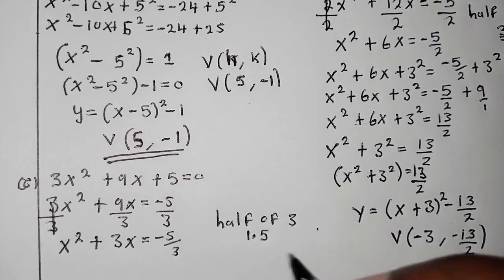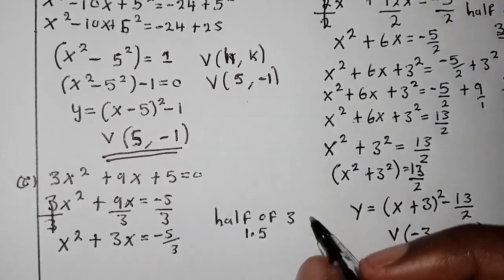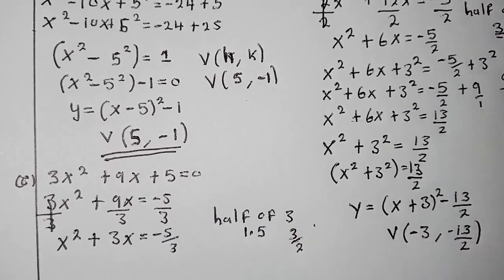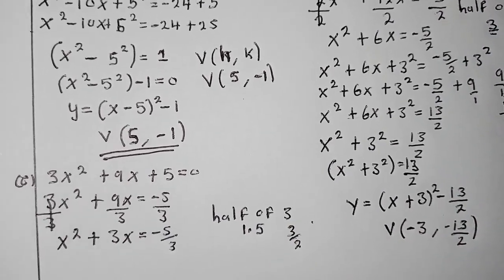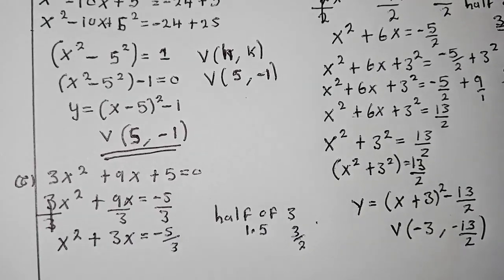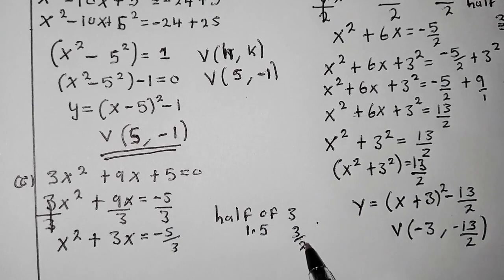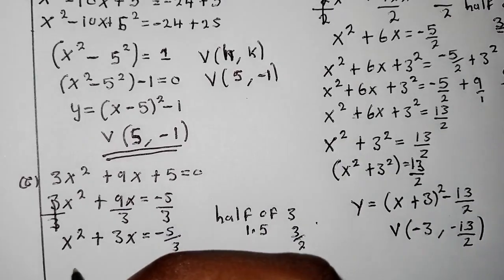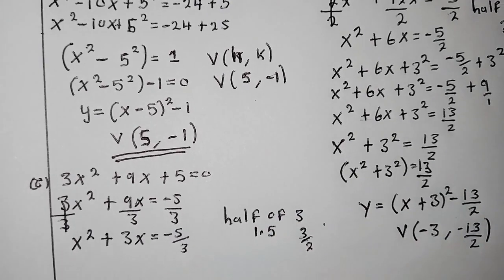So half of 3 is 1.5, which can also be written as 3 over 2, like this. Then automatically what you do, you double this. Okay, so 1.5, we get a 1.5, of course.